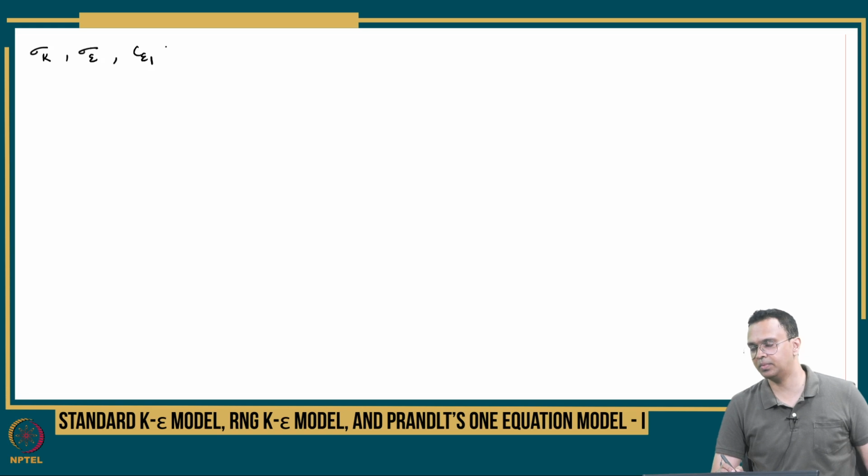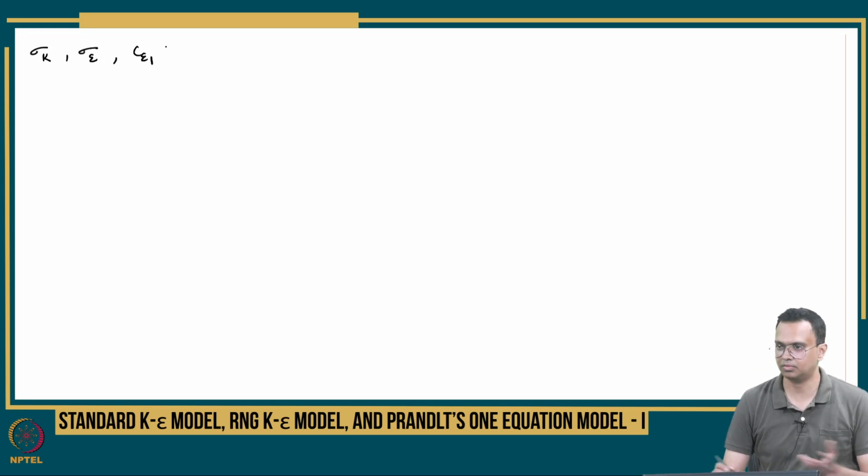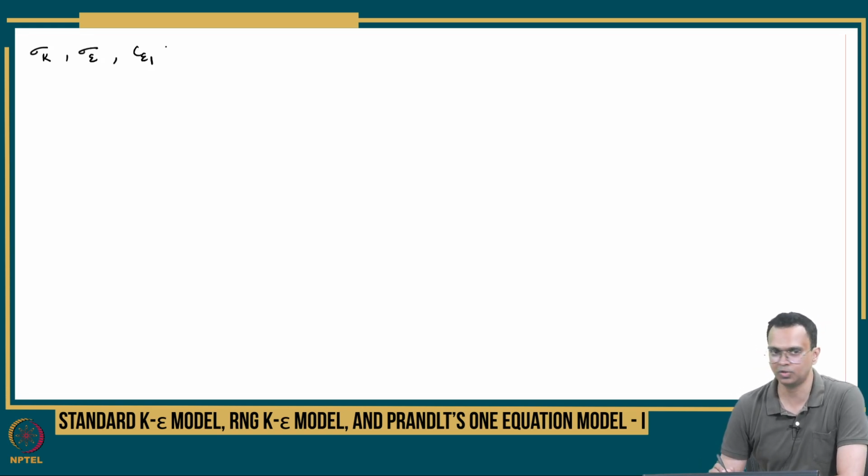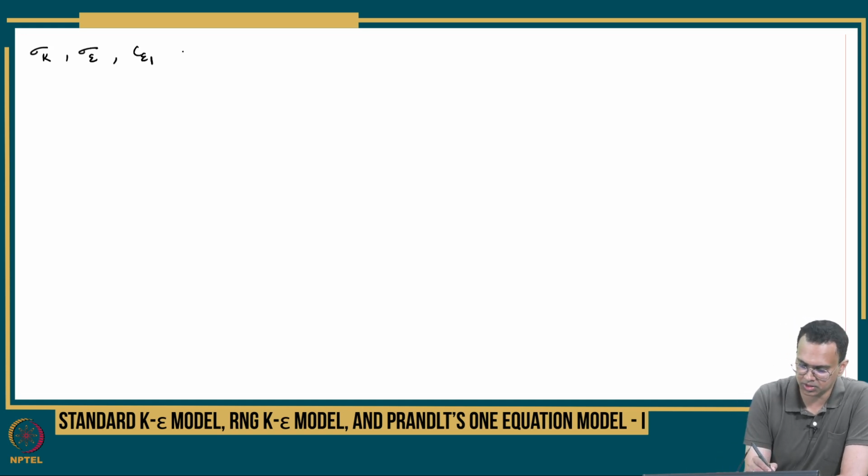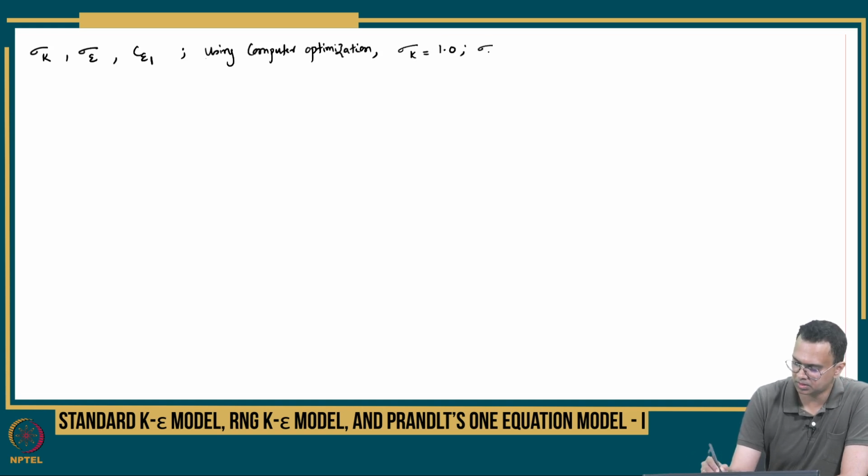So sigma k and sigma epsilon are obtained by what used to be called computer optimization, and today of course you can use some other technique. So using computer optimization, sigma k is found to be 1 and sigma epsilon is found to be 1.3.